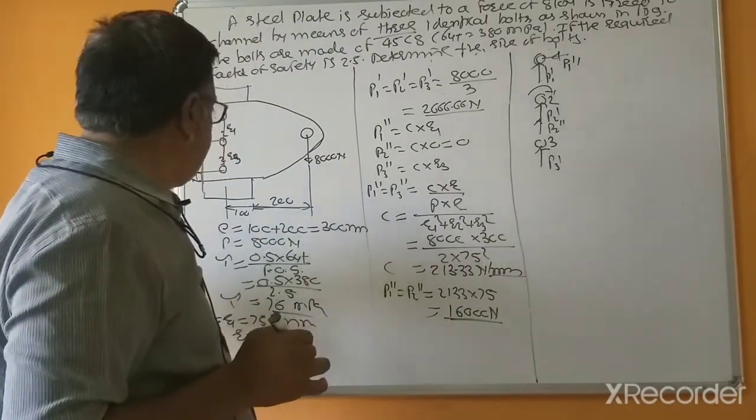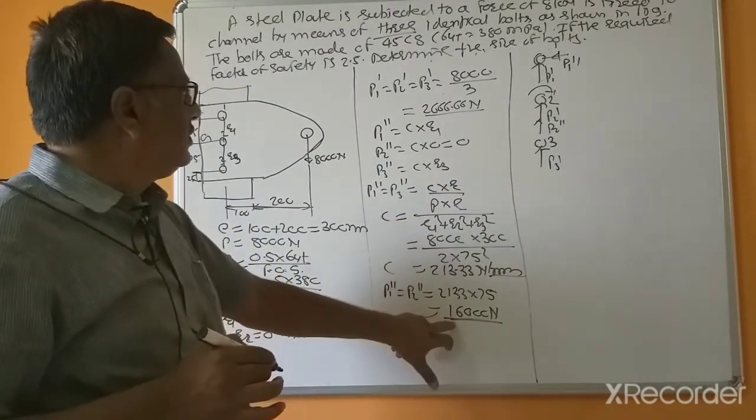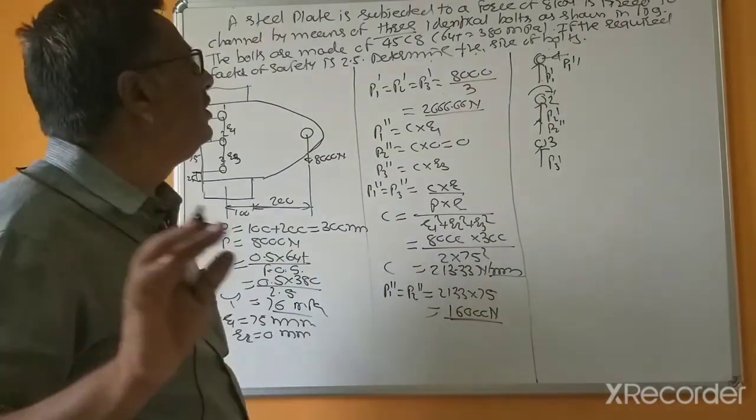What is the intensity of P1 dash, 2666, and this, 16,000? So we have to check all forces.